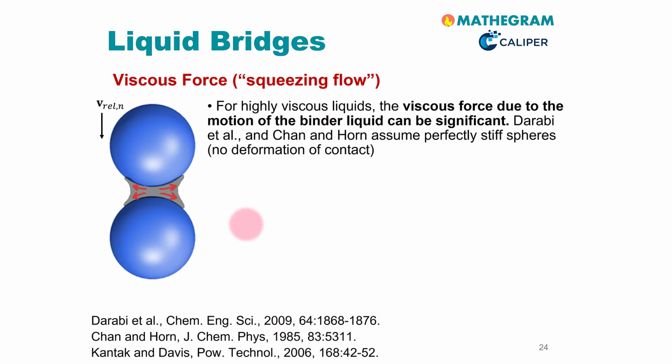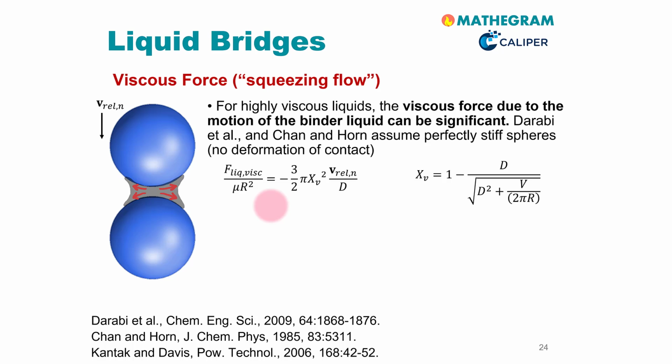People have worked out the effect of this squeezing flow and have come up with equations describing it. So here you see a typical one from Darabi et al. from 2009. You see the force scale is mu r squared, and then we have here this shear rate. So v rel over d, the half distance between the two particles, is a shear rate, right? This xv is a dimensionless correction factor accounting for the amount of liquid in the bridge.